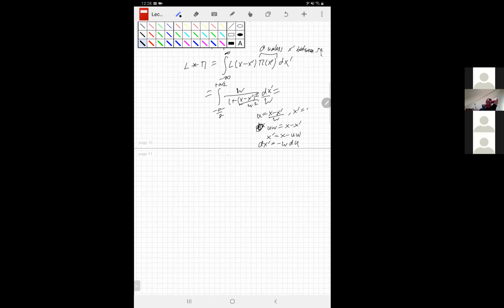So then when x prime, let's see here, u would be, for the lower bounds, u is x minus x prime over w, which is equal to x minus plus or minus a over 2, whole thing over w.